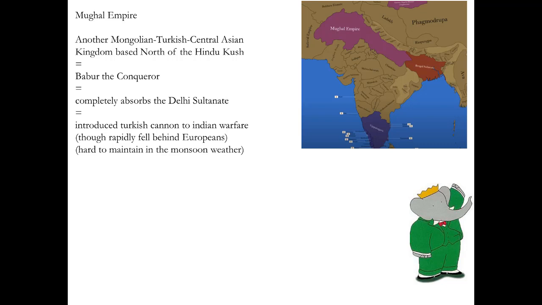Most of, at least at the beginning, most of the Indus and almost all of the Ganges. They introduce Turkish cannon to Indian warfare. They bring gunpowder into Indian warfare. But it rapidly falls behind the Europeans. One reason is weather. It is hard to maintain gunpowder, cannon, in the monsoon weather.